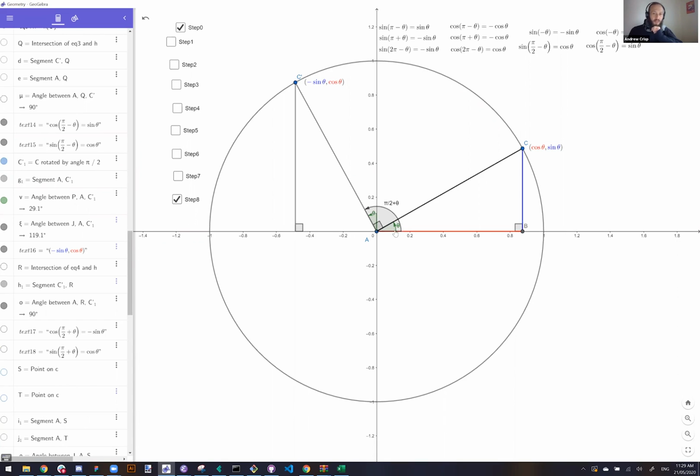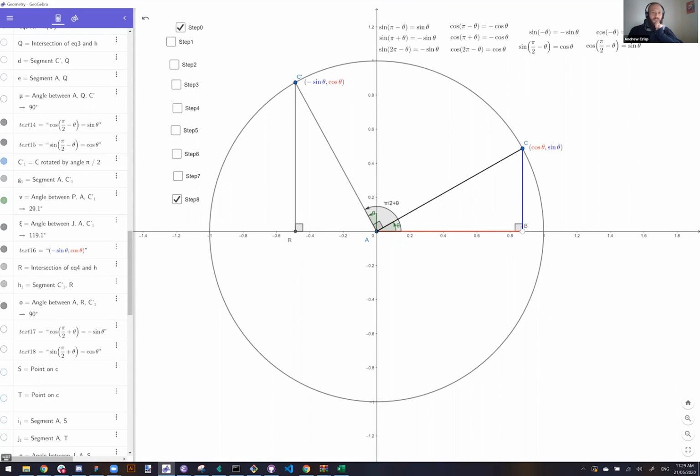Either I have this little green theta here plus the right angle, or I think about going the right angle to get from the x-axis to the y-axis, and then going an additional theta degrees. Once I've done that, is this the point that I'm looking for? Yeah, sorry, I should have had that point beforehand.